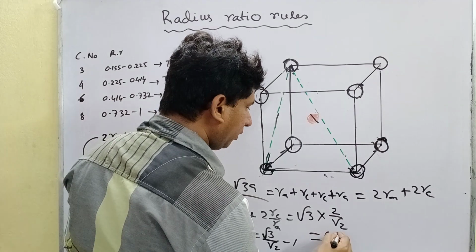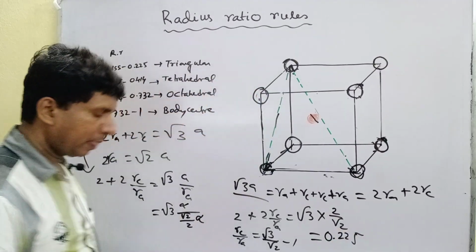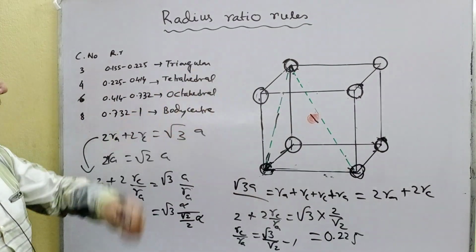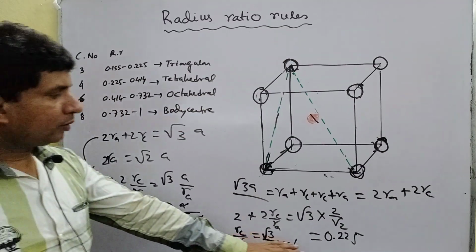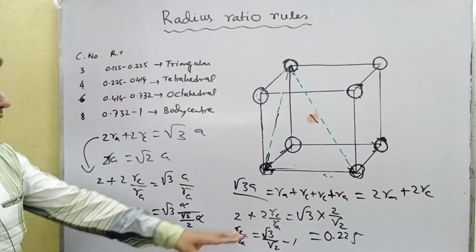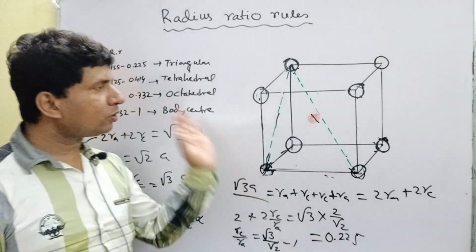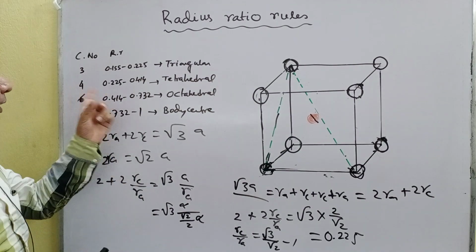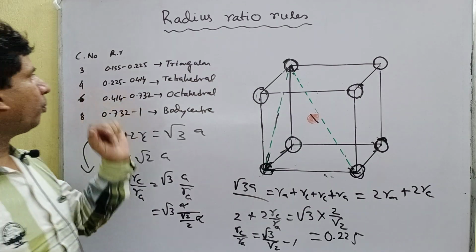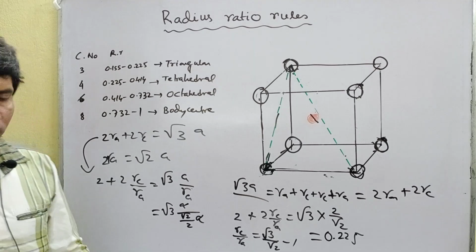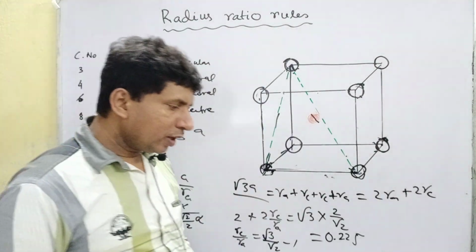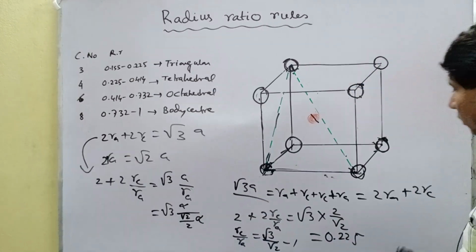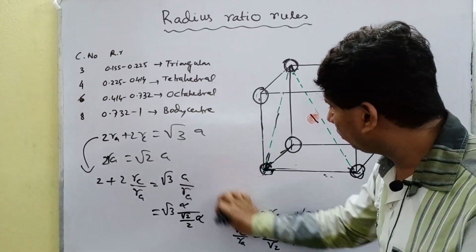So for tetrahedral structure, the minimum value of the radius ratio will be this. So in this way, if the ratio of cation by anion is between 0.225 and 0.414, then the structure must be tetrahedral.